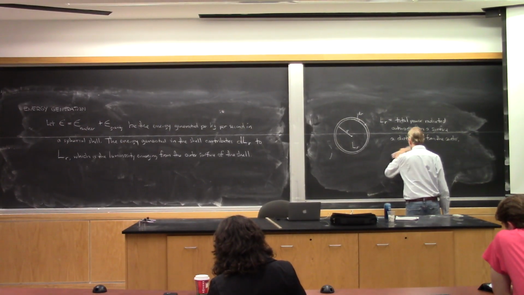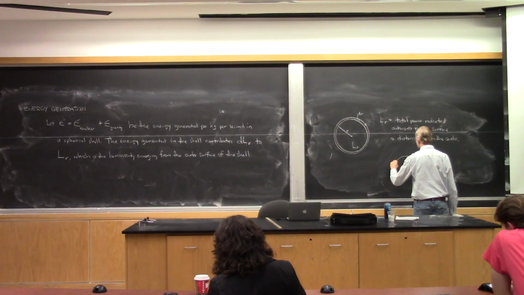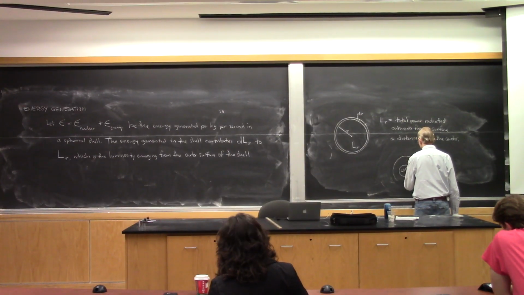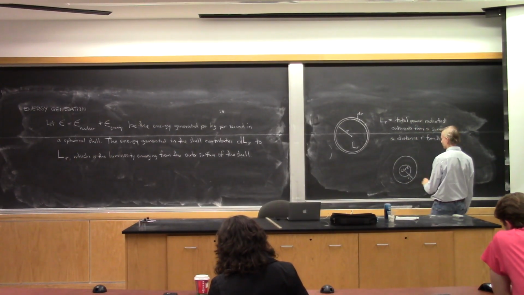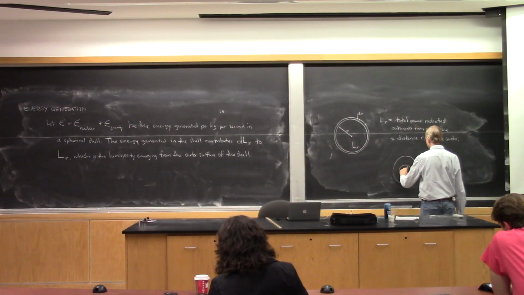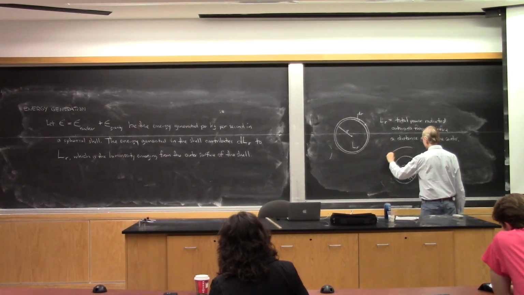So I'm outside the core, and here's a surface of radius r1. Pretend that's an actual nice circle or sphere centered on the core, on the center.